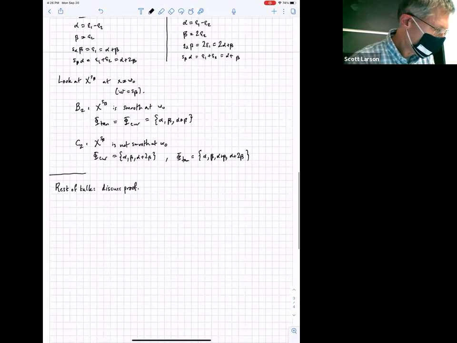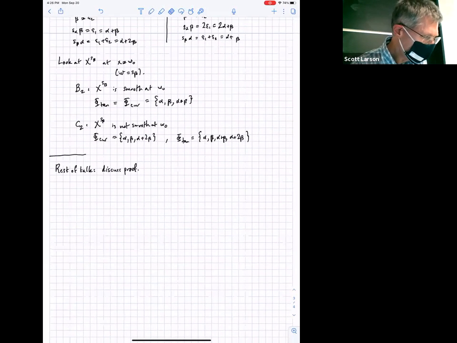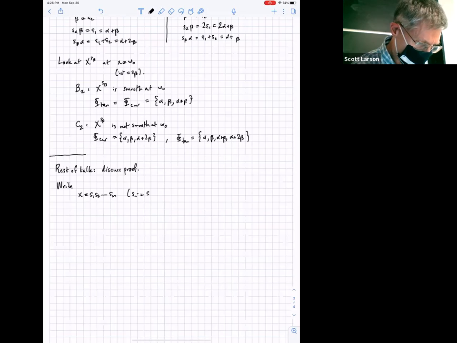Okay, so again, what we have to do is take a reduced expression for our element x. So write x equals S1, S2 to Sn, the reduced expression, Si equals S of alpha i.